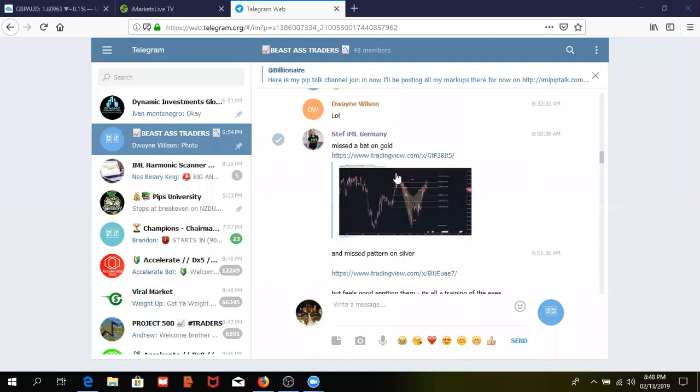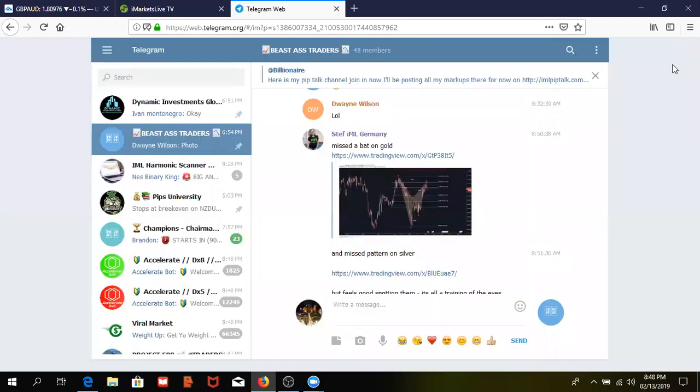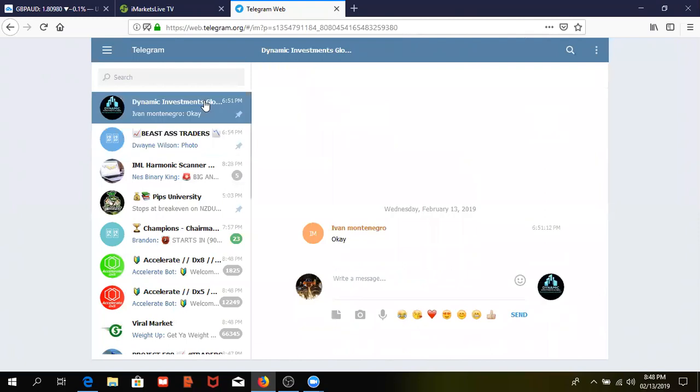You can see right here, she missed the gold bat pattern, the one that I went over. She had it marked up, but she missed the entry because she's in Germany, so time difference and stuff like that. But this is another group right here that I have. They're absolutely killing it in this one as well.